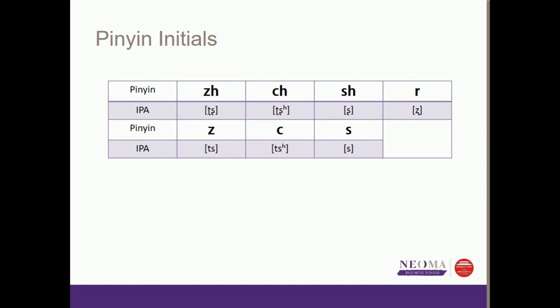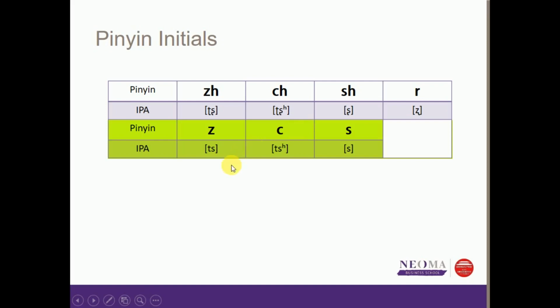So for the first row, you will need to curl up your tongue. Please read after me. Zhi, chi, shi.